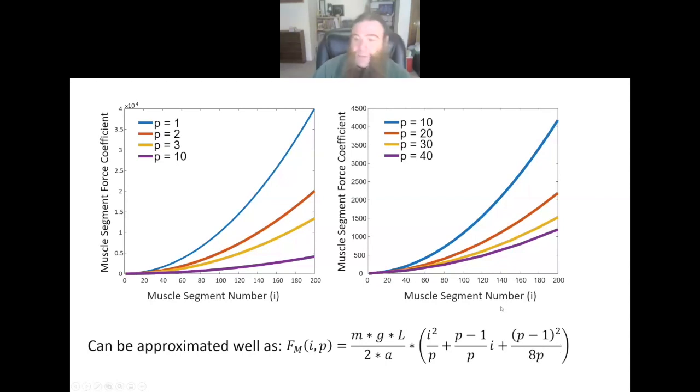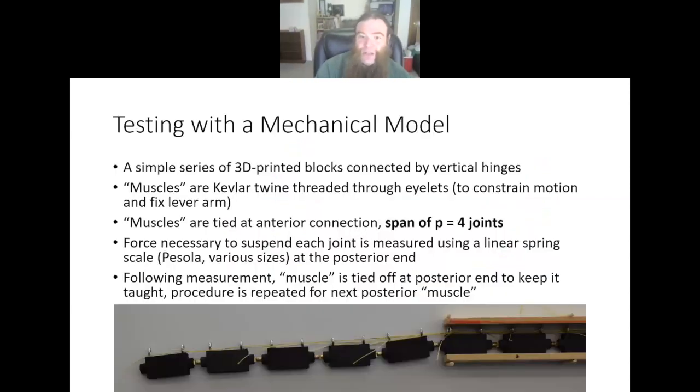It's not perfect, but it's a pretty good approximation, especially for long spans. So what this does show is that as you have more and more multi-articular muscles, each muscle only has to sort of top up the others, and it's getting all these contributions from all these other muscles. So it has to generate comparatively less force, which is not that surprising.